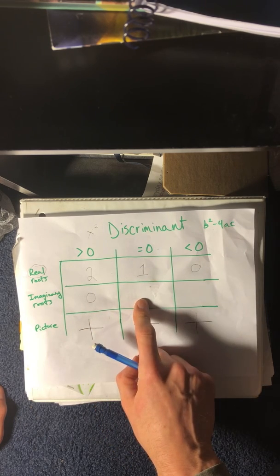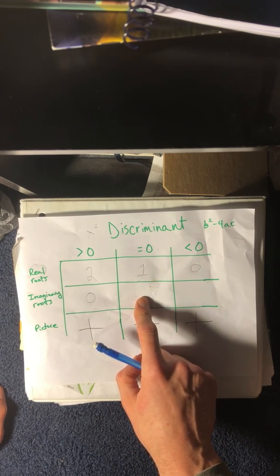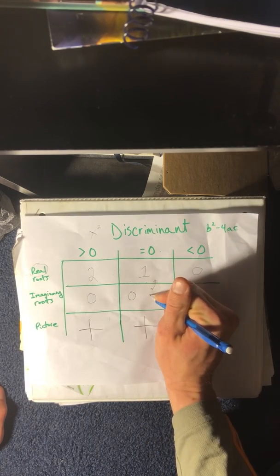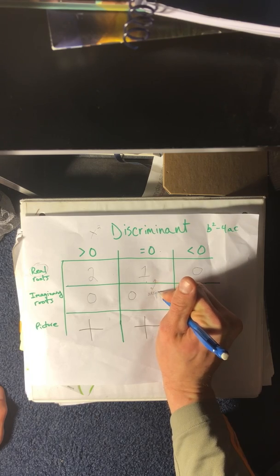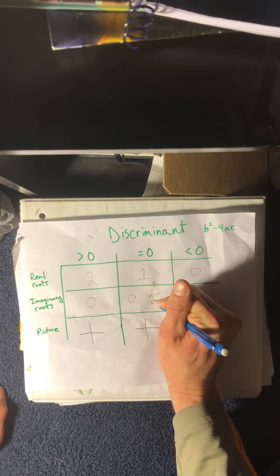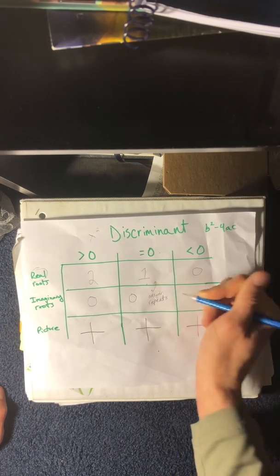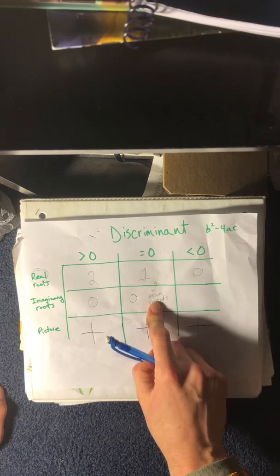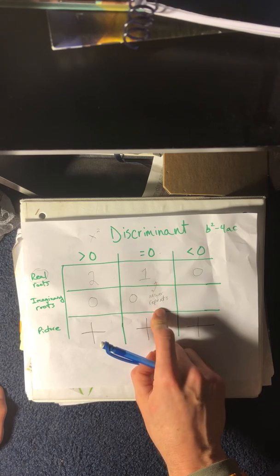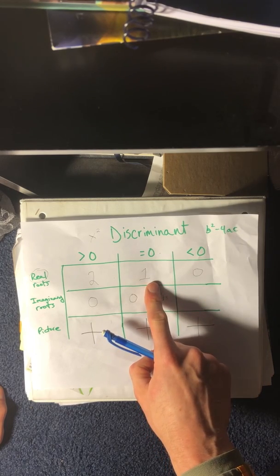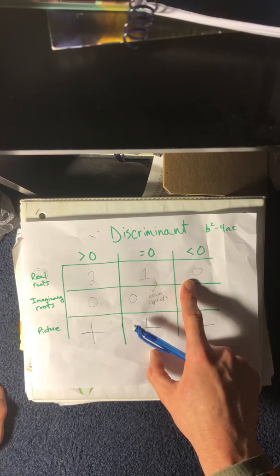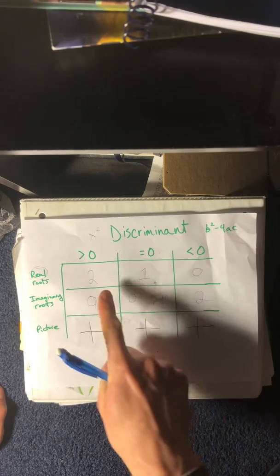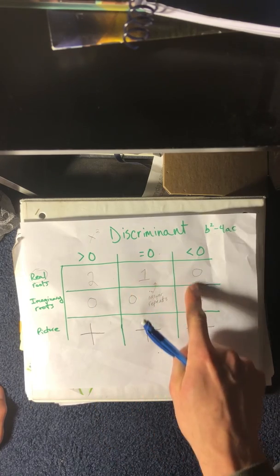And if we have 1, well, it's still 0 because this answer repeats. You still have 2 answers, but since it's the same answer twice, we have no imaginary roots. If we have 0 real roots, then we have to have 2 imaginary roots. Remember, all these have to add up to 2.